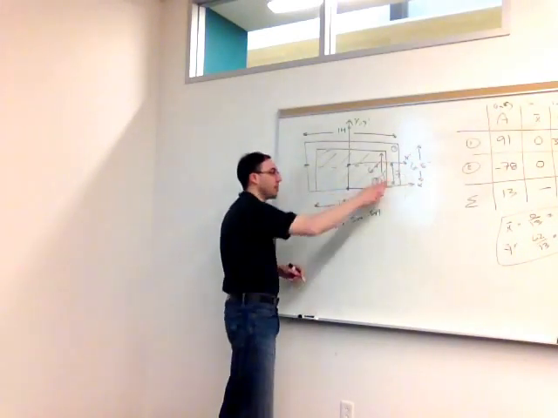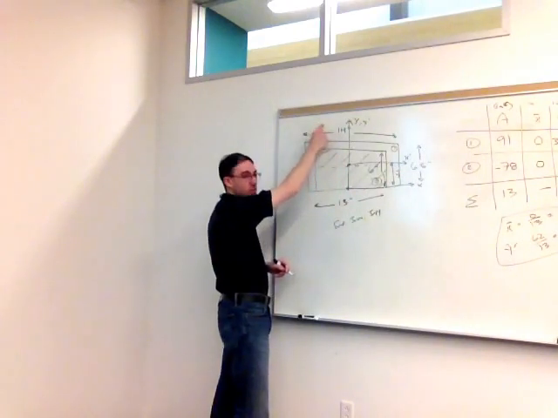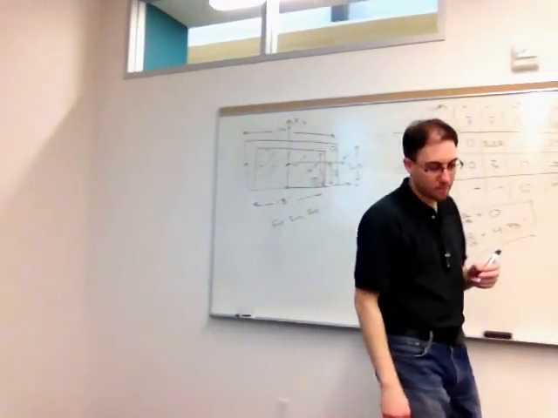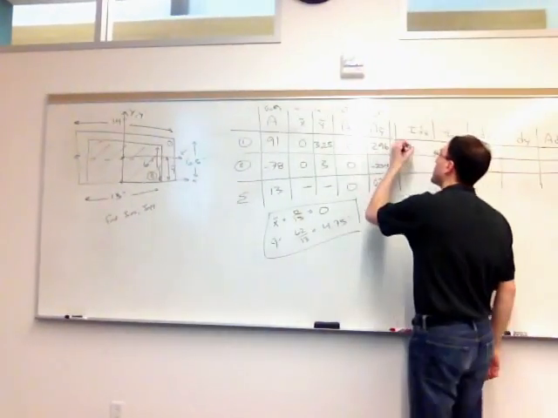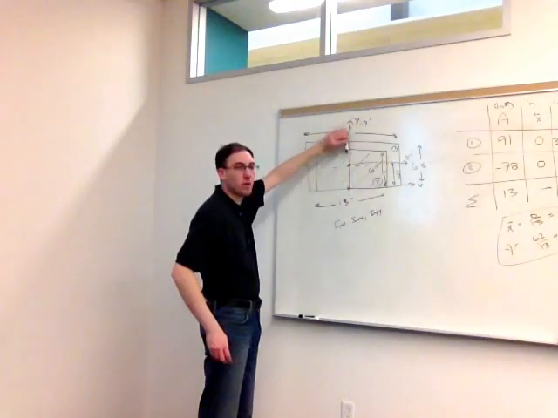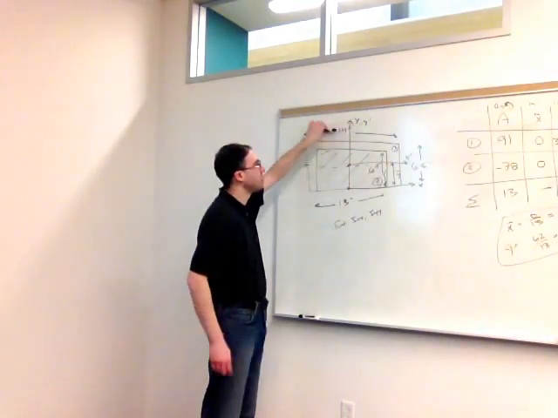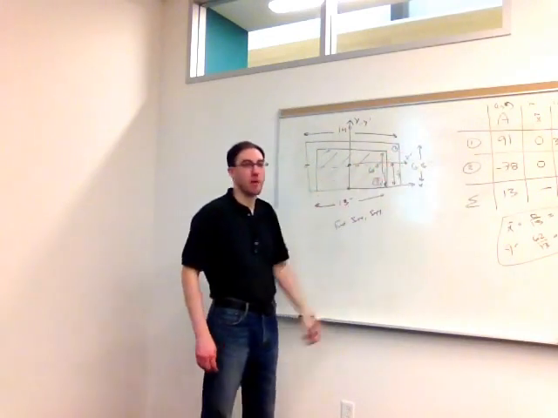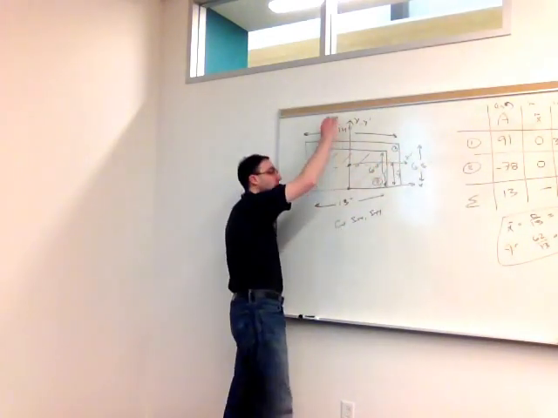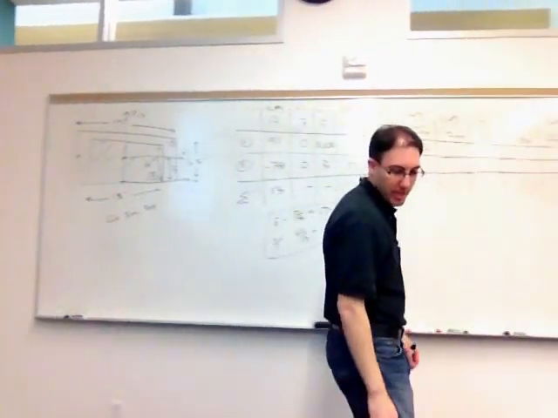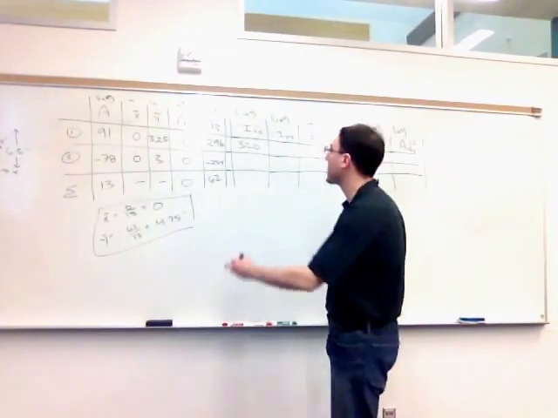So 6.5 cubed times the 14 divided by 12 will be the Ixx for shape number 1. That is going to give us 320. For Iyy, it's how it resists bending about the vertical axis. So now this dimension is perpendicular to the vertical axis, and the 6.5 is the parallel dimension. So it'll be 14 cubed times 6.5 over 12, in which case that will be a larger value, 1486.